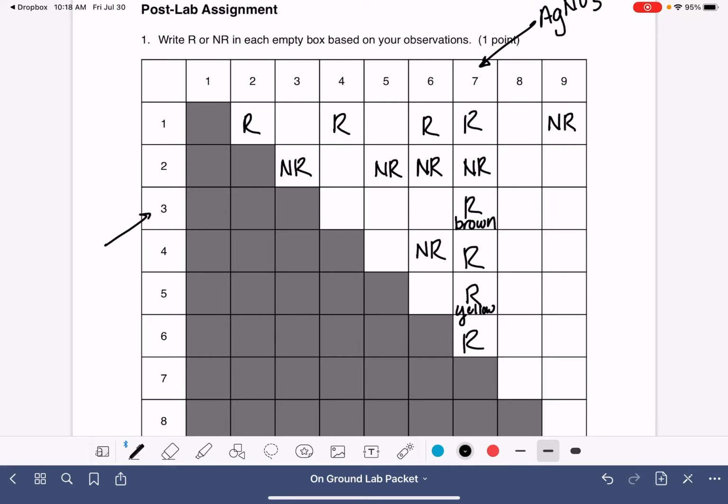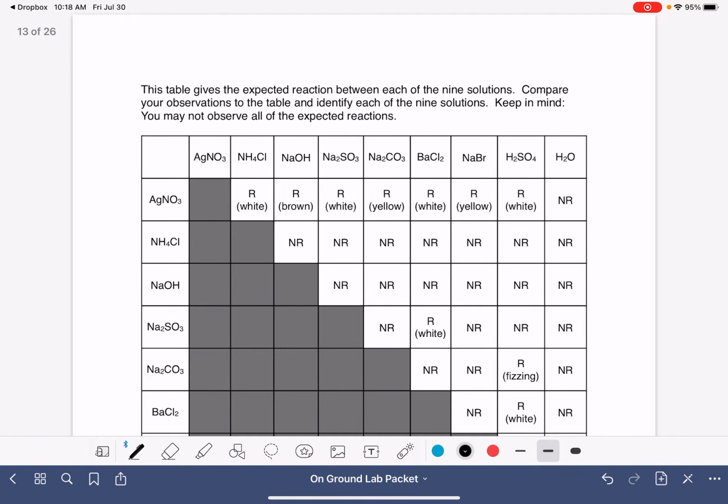That would tell me that number 3 is the NaOH. You're just going to approach it like that. There are a couple of solutions that will turn yellow with AgNO3. Those are going to be a little bit trickier to figure out, but you can totally do it.